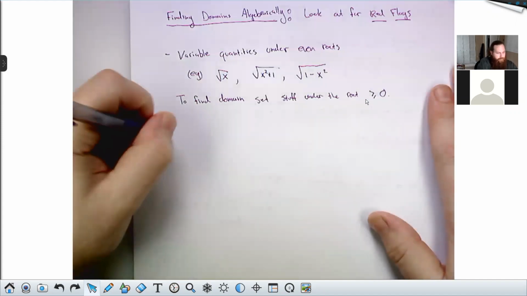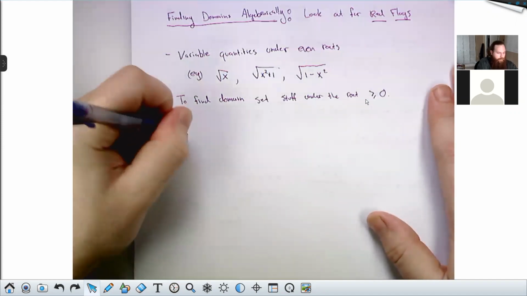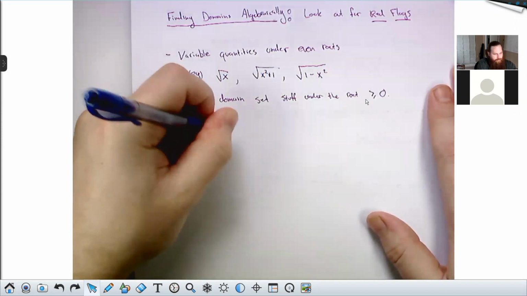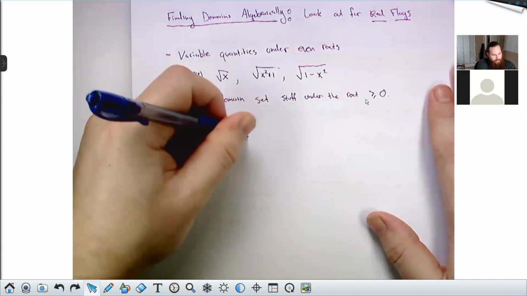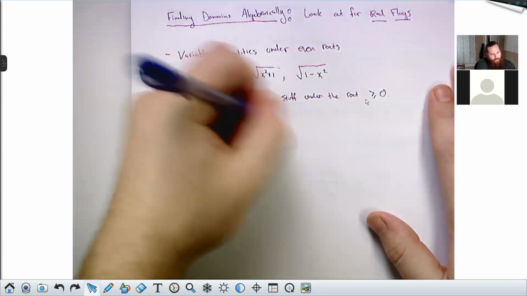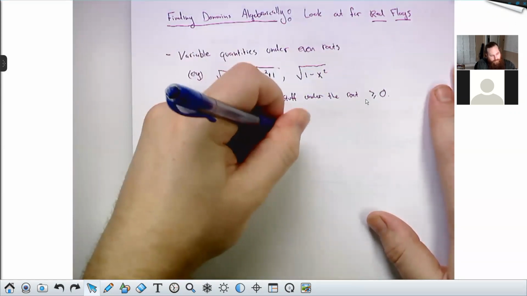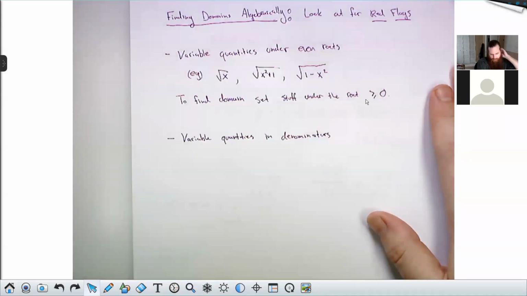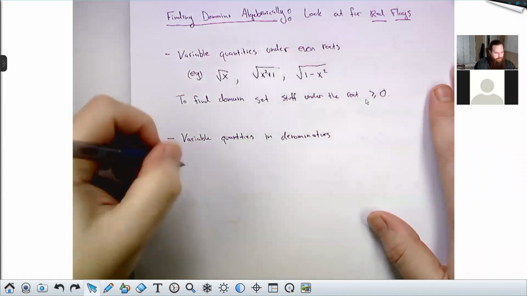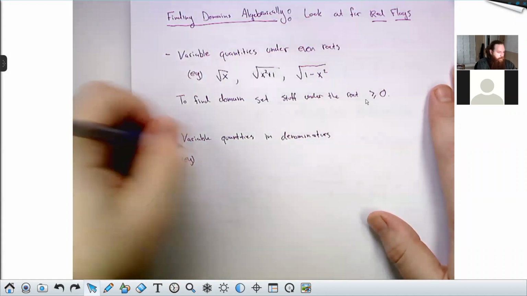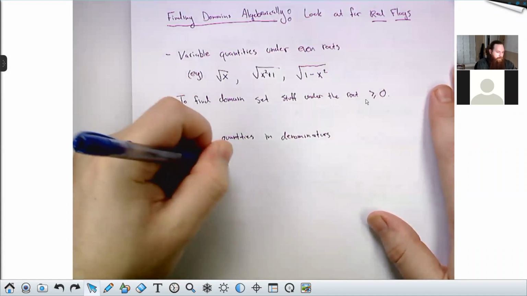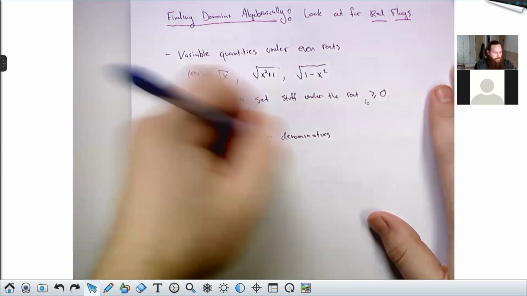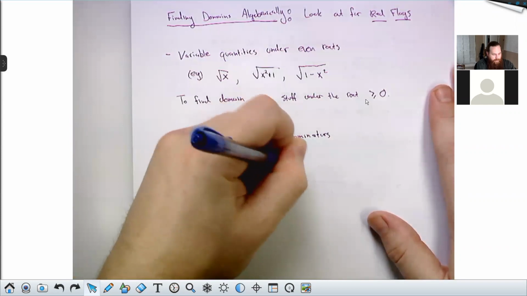The other main red flag you need to be concerned about right now are variable quantities in denominators. So stuff like 1 over x, or 1 over x squared plus 1, or 1 over 1 minus x squared.